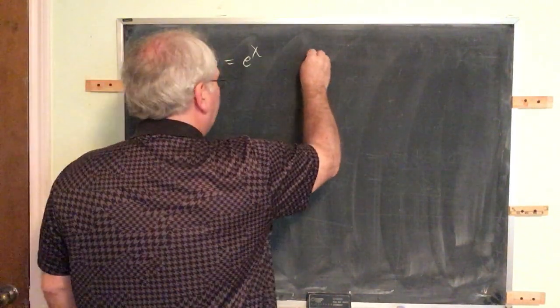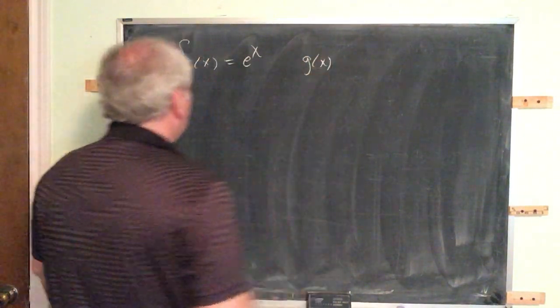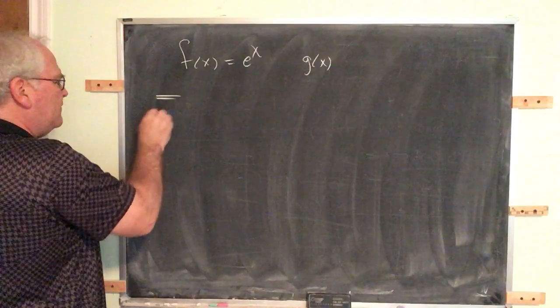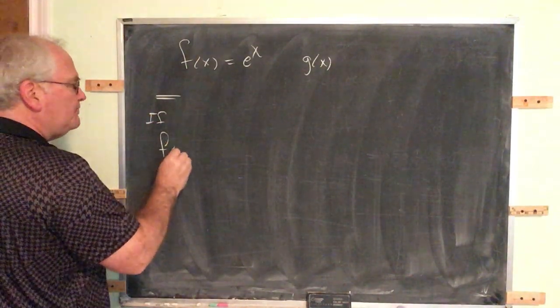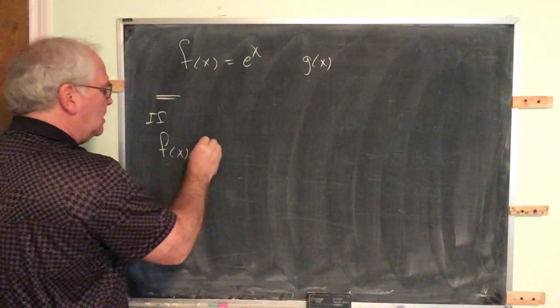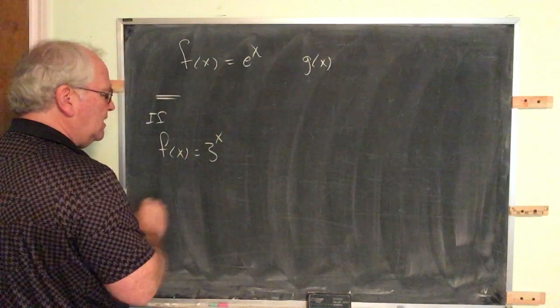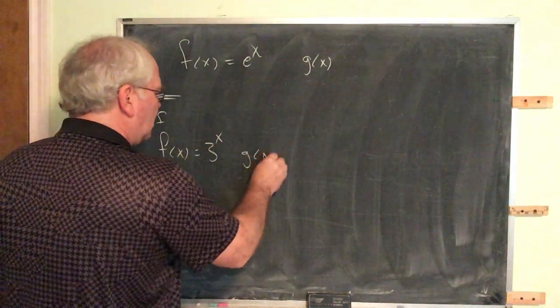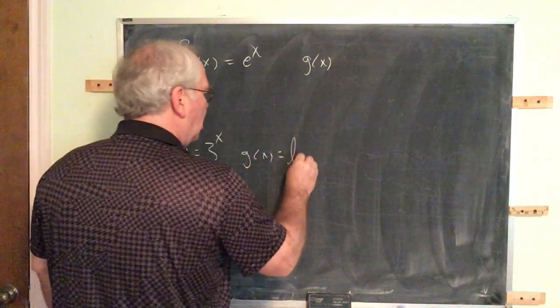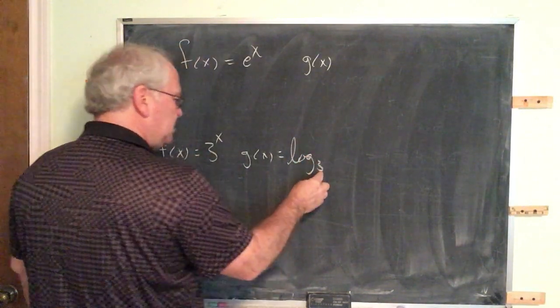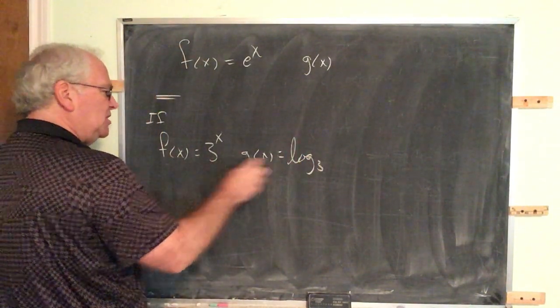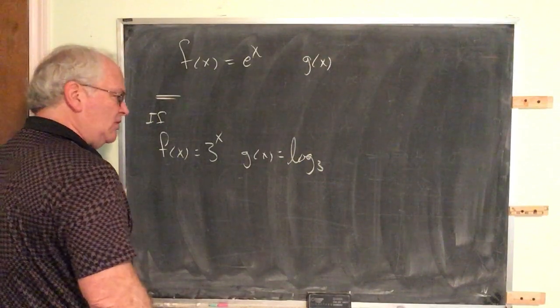So if we take the function g of x, recall that if f is 3 to the x, then its inverse function, which I'll call g in this case, would be log base 3. This just tells you which exponential function this logarithm is associated with. That's all it is.